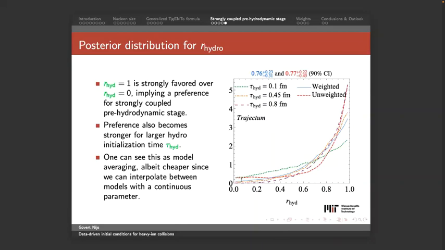They interpolate between 2 different models. But in principle, you're really only interested in the endpoints, right? So you could have made 2 different emulators, one where this is fixed to 0, another where it's fixed to 1. But that would require you to run your design points twice. So you basically double your computational cost.